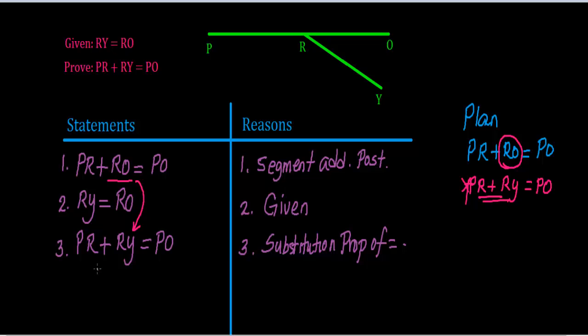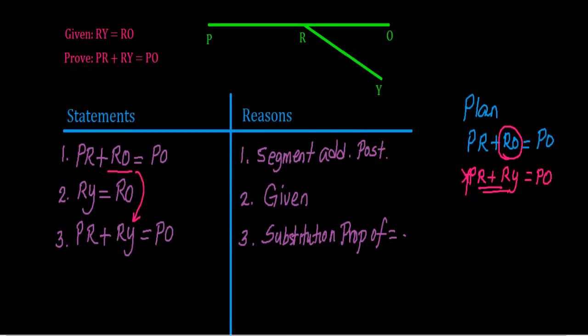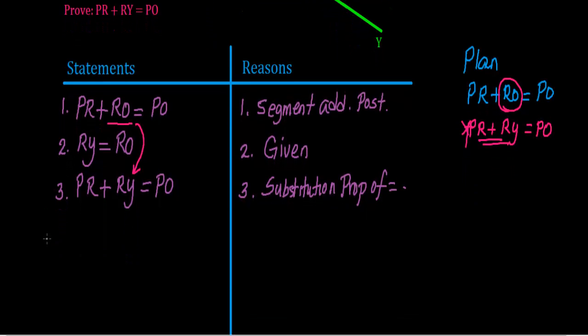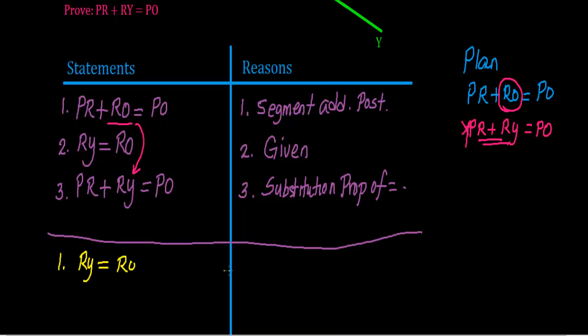And there you have it. Now, remember, I could very easily have done this. I'm going to separate this. My first statement, I could have written RY is equal to RO, given. And this is fine. And then maybe it would occur to you to use the segment addition postulate as your second statement.